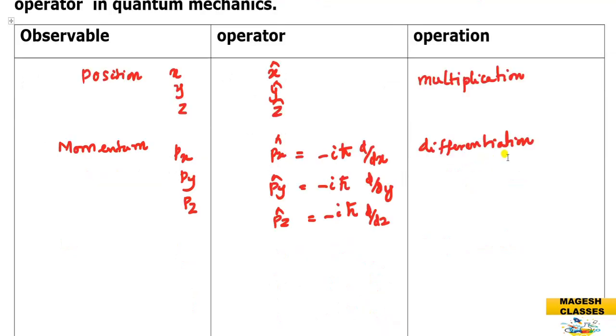So the operation is differentiation with respect to x, y or z, and multiplication by the factor minus i h cut. The value of h cut here is given as h cut is equal to h by 2 pi.